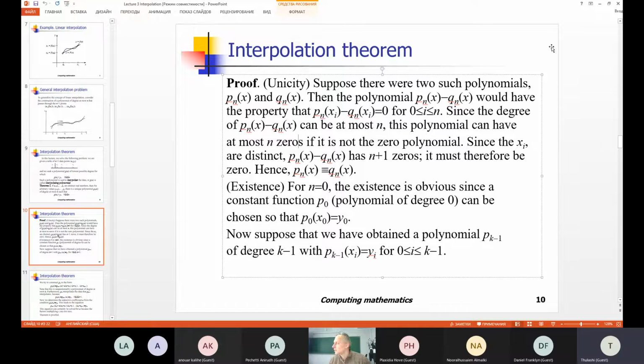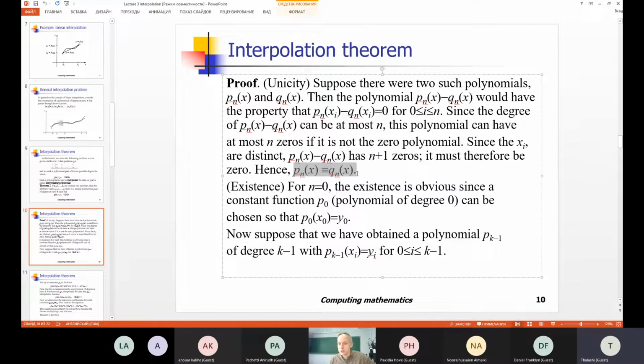But since the numbers xi are distinct, the polynomial Pn minus Qn has n plus 1 zeros. So it's a contradiction: this polynomial must have at most n zeros, but it has n plus 1 zeros.